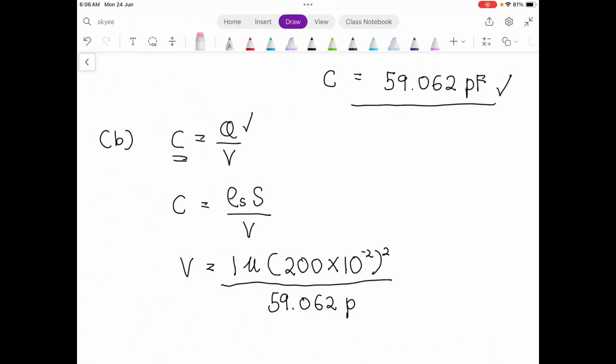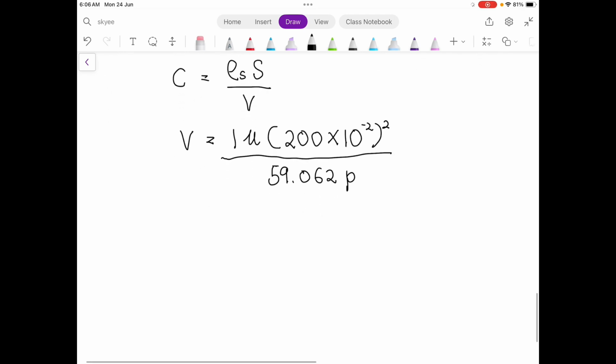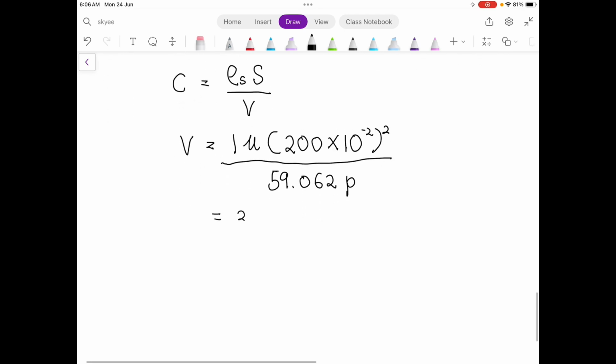Okay, pico. You can calculate the answer. So this is the voltage.